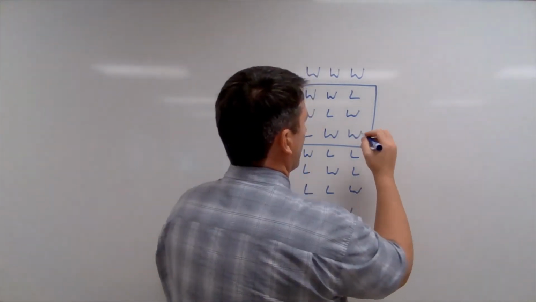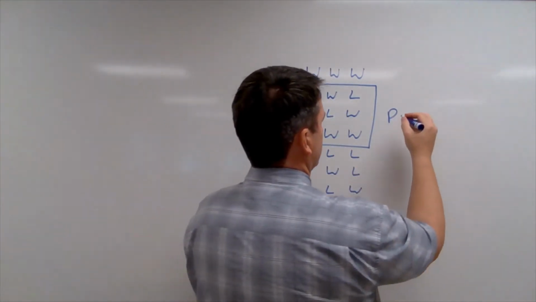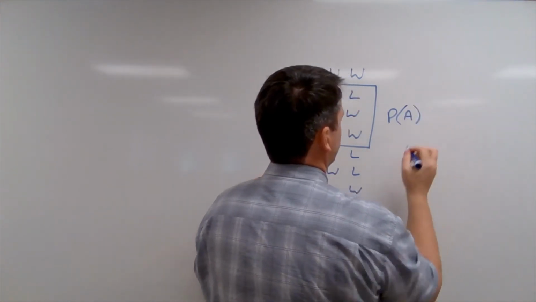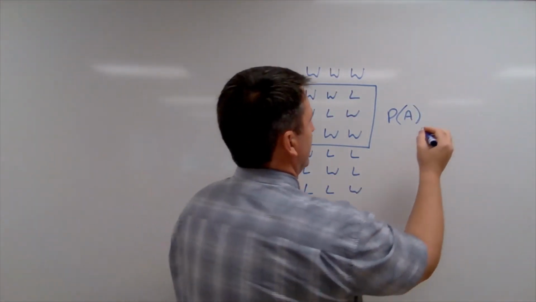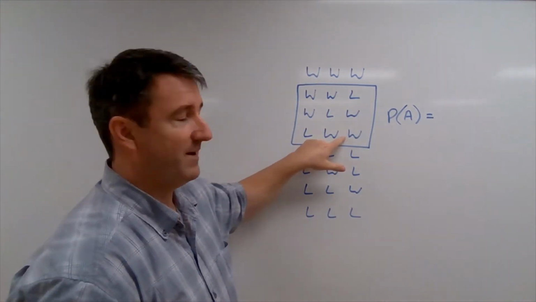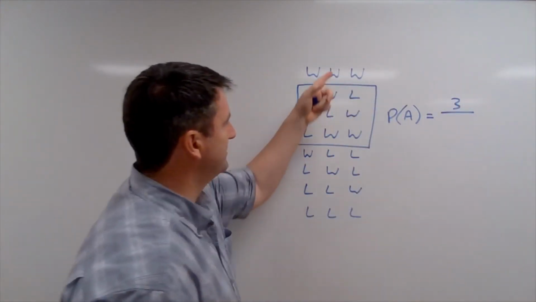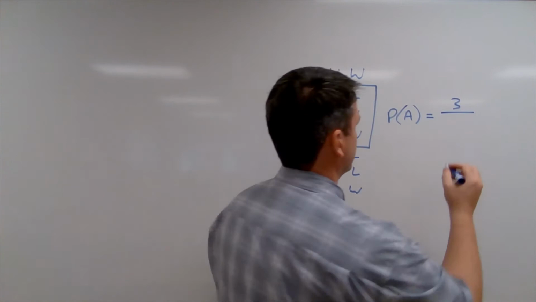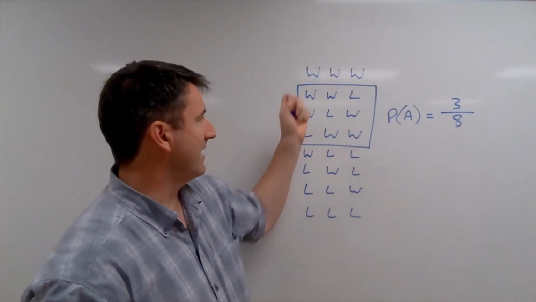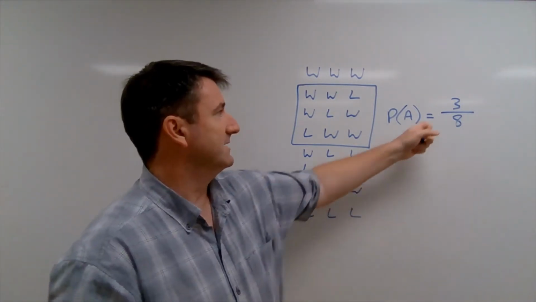And so the probability of the Diamondbacks winning 2 games, let's call that event A, is the number of outcomes where that event occurs, so that's 3, divided by the total number of possible outcomes, so 8. So the probability of the Diamondbacks winning exactly 2 games in a 3-game series is 3/8.